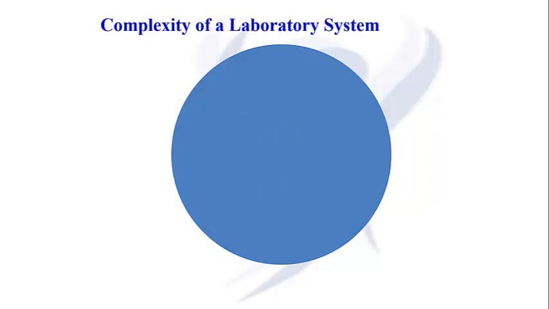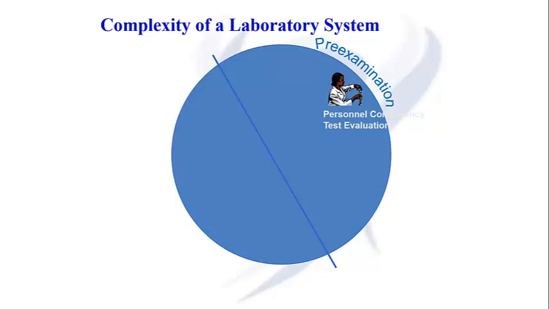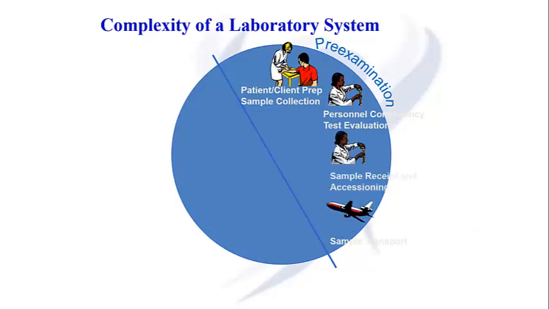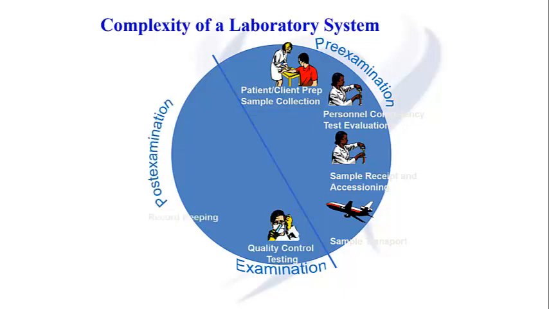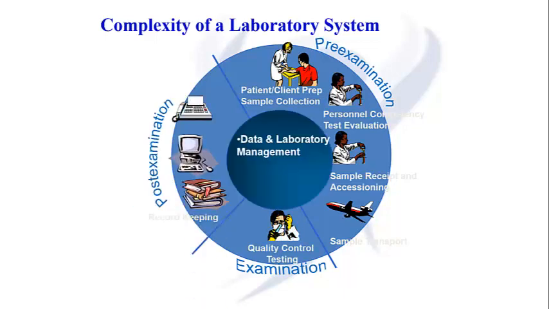And so, in order to achieve the highest level of accuracy and reliability, it is essential to perform all processes and procedures in a laboratory in the best possible way. The laboratory is a complex system involving many steps of activity and many people.